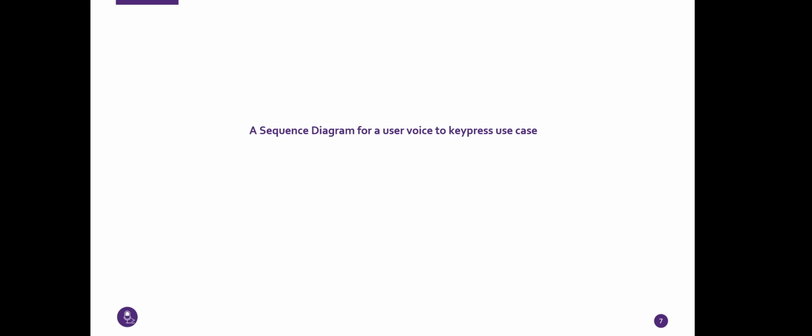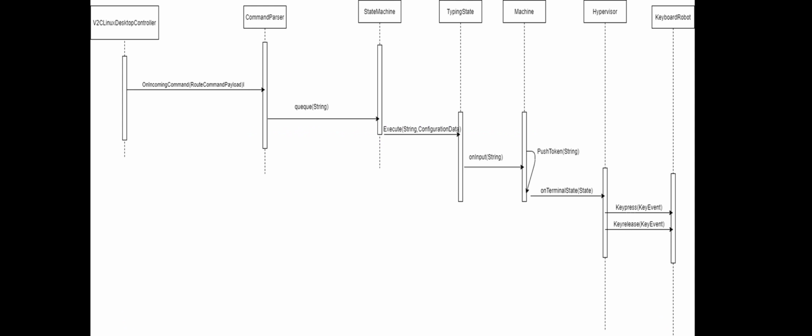And here's a sequence diagram for a user voice to key press use case. So as you see, on an incoming command from the dispatcher module, we queue that string if it's intended for us. The state machine determines what state we're in, and then gives it to the appropriate execute function, where you get the string command and the configuration data.